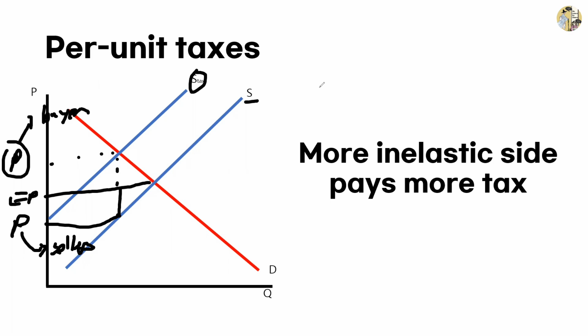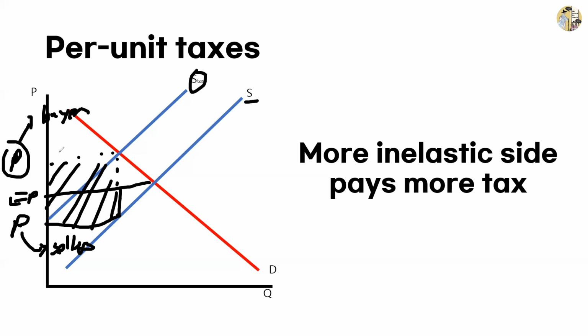And in the same manner, this rectangular area is going to be the amount of tax revenue collected by the government: the difference between the price that buyers pay and the price which sellers get.